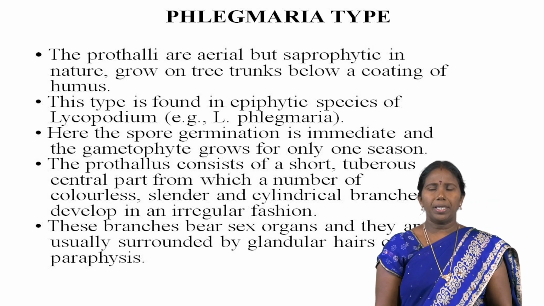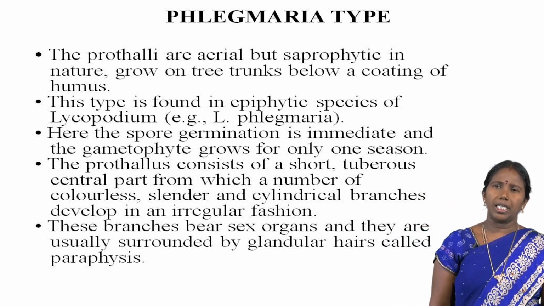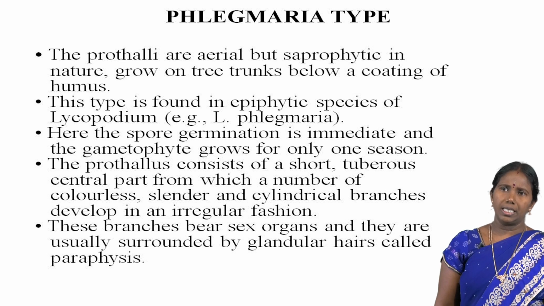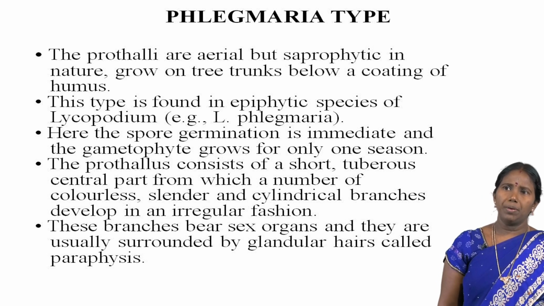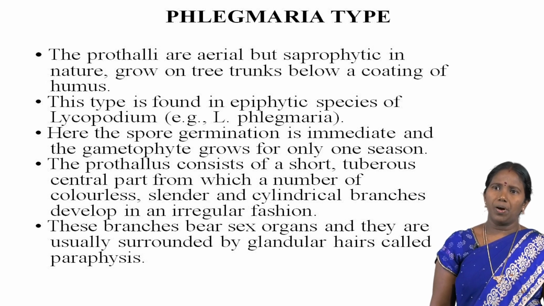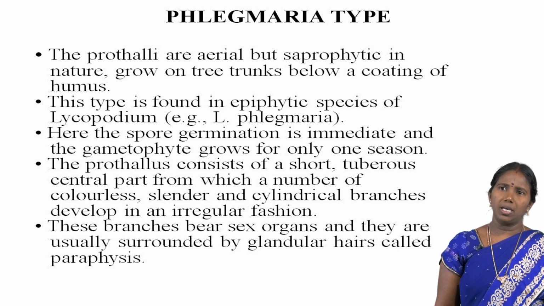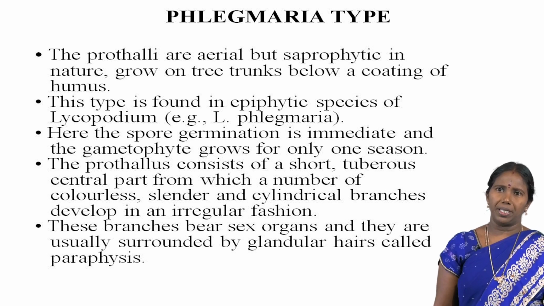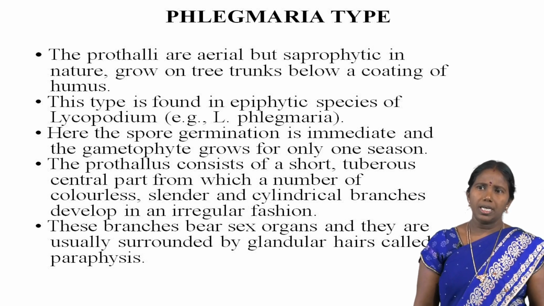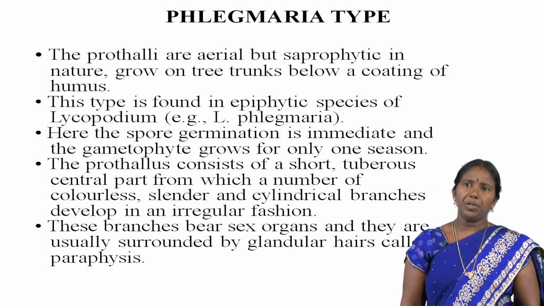Next, the phlegmaria type. The prothalli are aerial but saprophytic in nature, growing on tree trunks below a coating of humus. This type is found in epiphytic species of Lycopodium, for example Lycopodium phlegmaria. Here spore germination is rapid and the gametophyte grows for only one season.